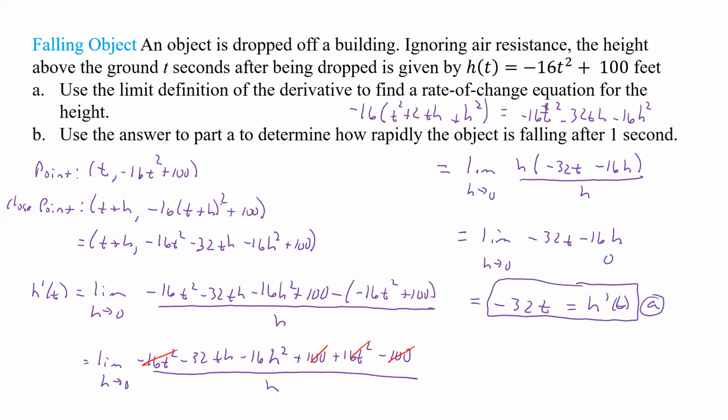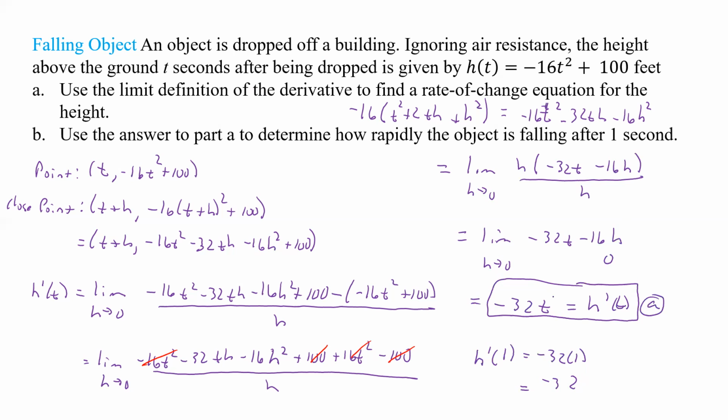Now, use the answer in part A to determine how rapidly the object is falling after 1 second. All right, well, what we can do is we say, okay, h prime of 1 equals negative 32 times 1, and that's going to be negative 32, and, oh, well, this one actually has units. We should probably put this. What is the units here? Well, it's feet, and it's per second.